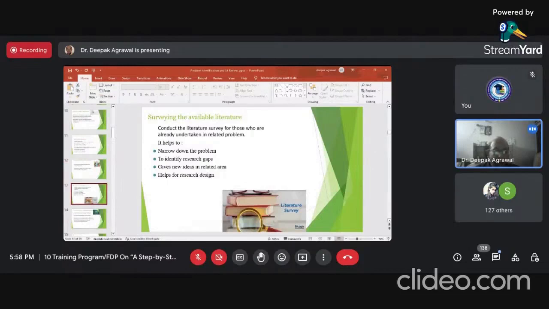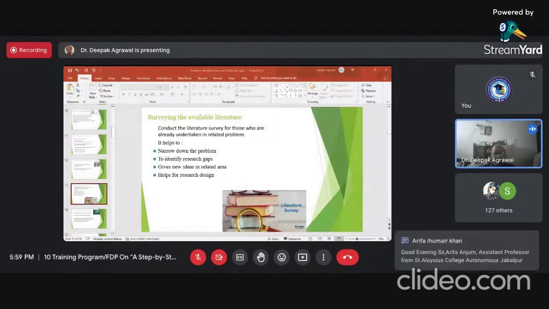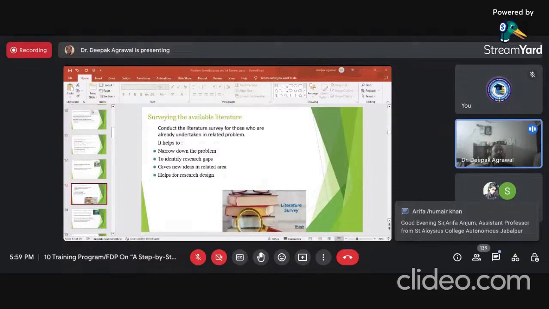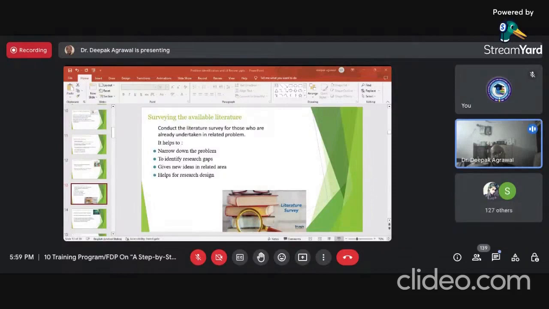The next step. In step 3, let us proceed with surveying the available literature. Once you have identified some problem, put it in the form of the title of your work. Don't worry, your title will be modified hundreds of times until your paper is completely ready.